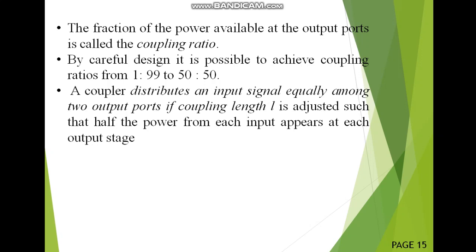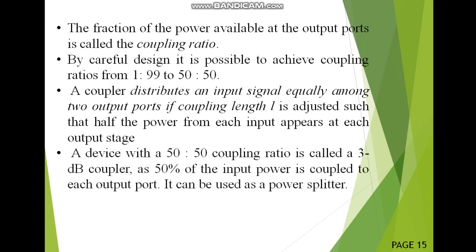A coupler distributes an input signal equally among two output ports if the coupling length L is adjusted such that half the power from each input appears at each output. If the input signal is transmitted and we get equal output at both ports, it is known as a 3 dB coupler, with a coupling ratio of 50:50.